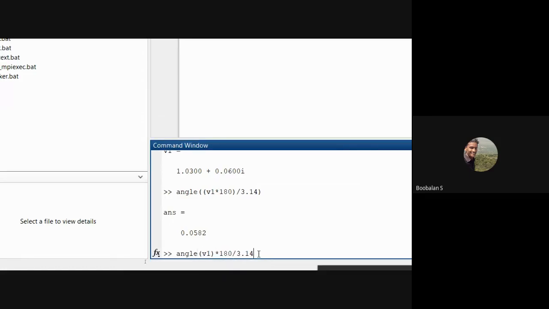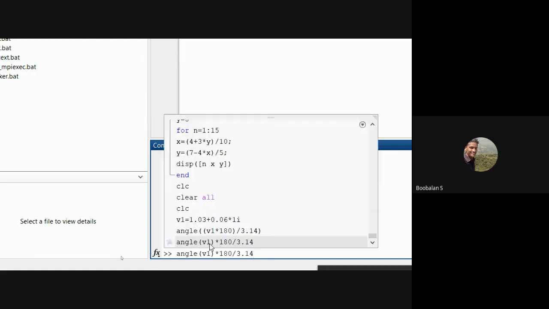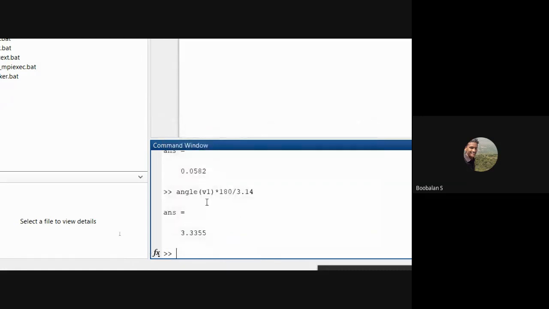Definitely we will get the degree value, about 3.33 degrees, right?